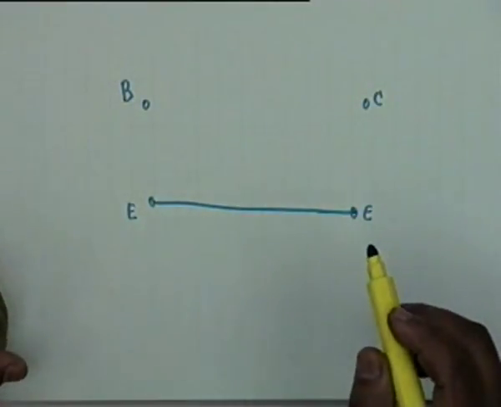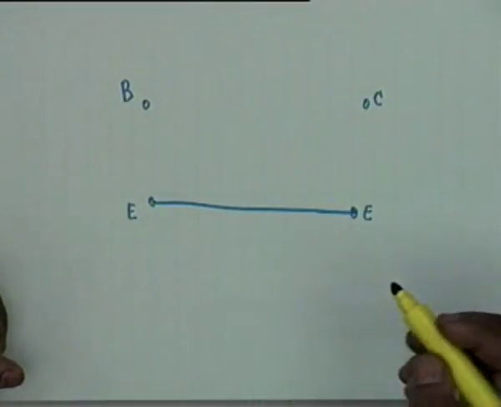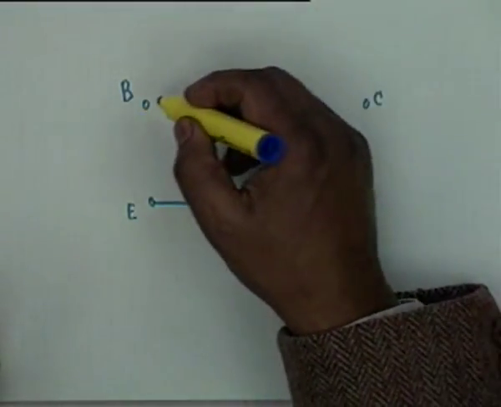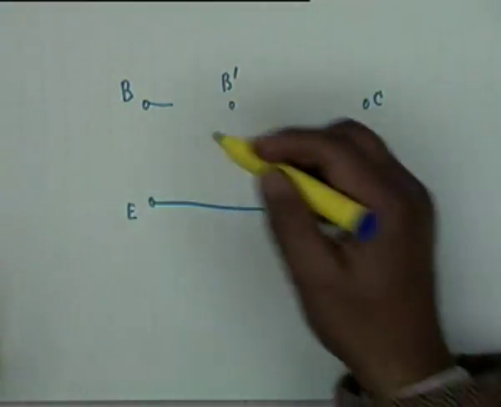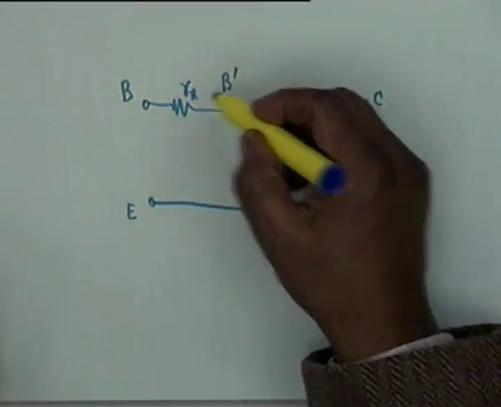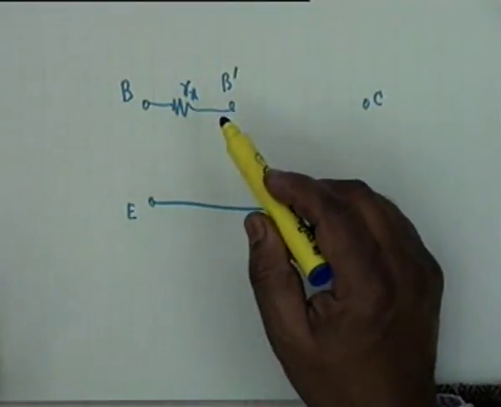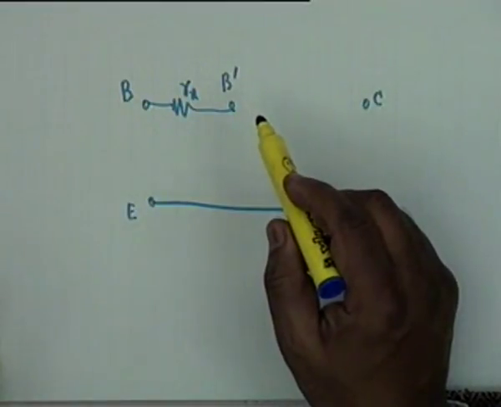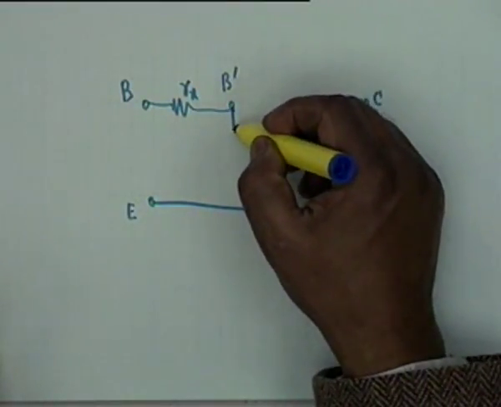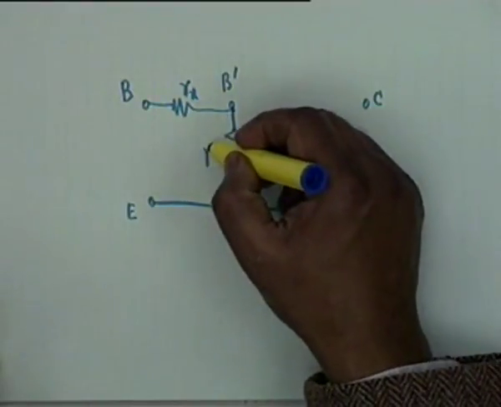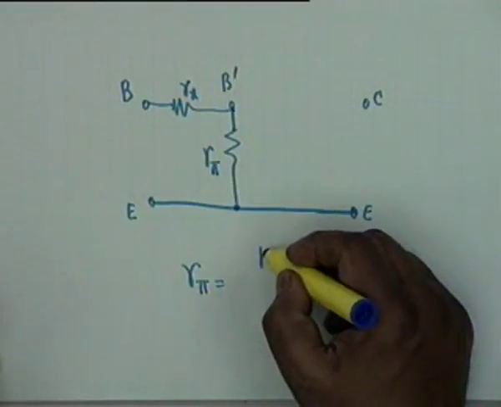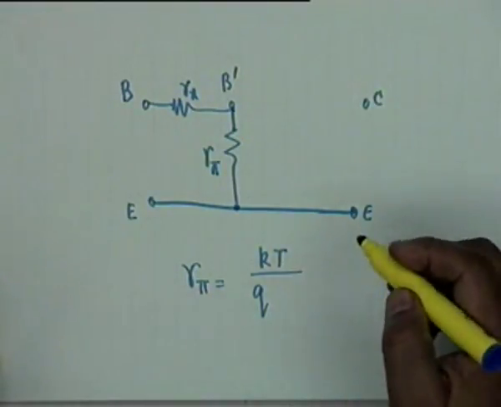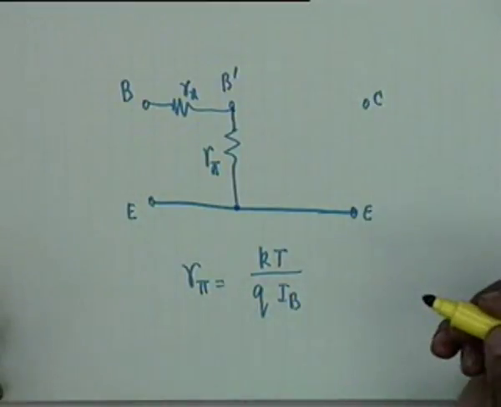If the emitter is common, then we have already come across at various points of time, I have kept on mentioning that there is an internal base B prime, and that there is a resistance Rx, which is the base spreading resistance of the order of 100 ohm or so, and between B prime and E there is this diode resistance R pi. R pi is KT by QIB, the DC IB. Okay, all right.